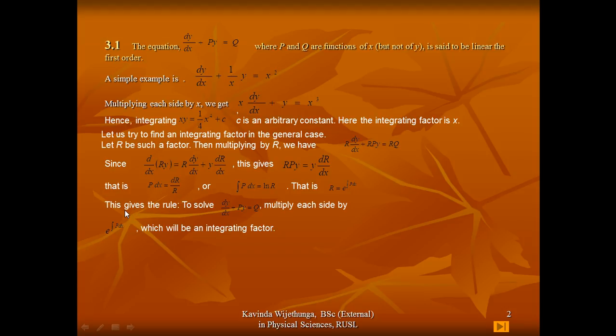This gives a rule to solve dy by dx plus p y equals q. To simplify this kind of linear differential equation, you have to multiply each side by the integrating factor, which means e to the power integration of p dx.